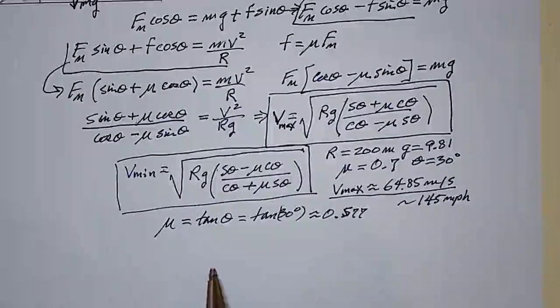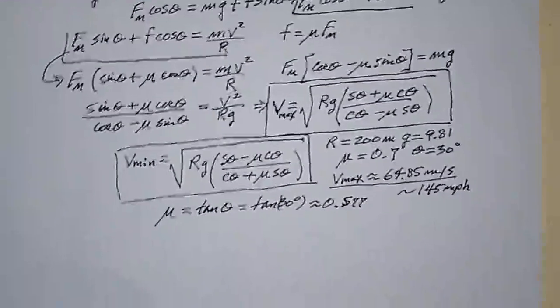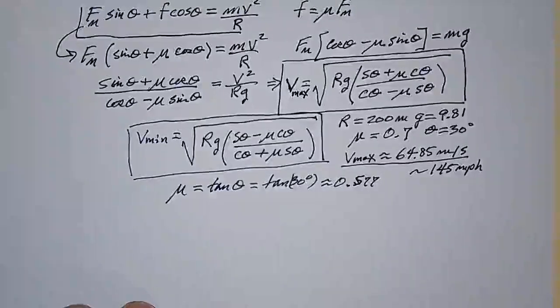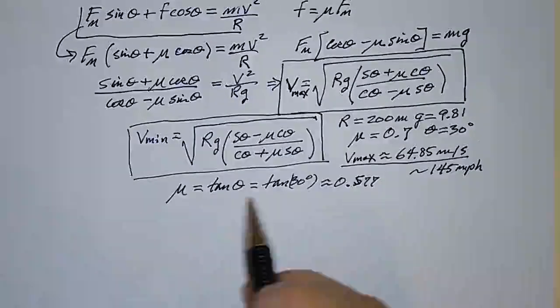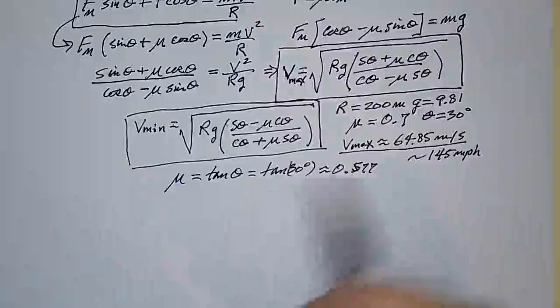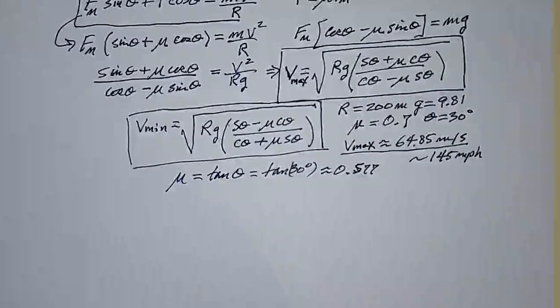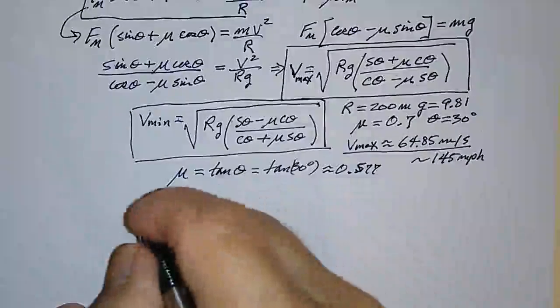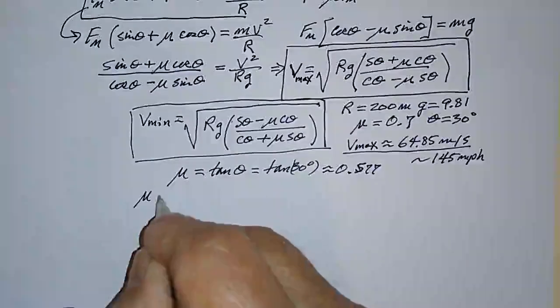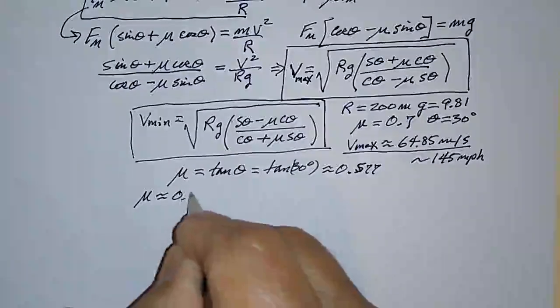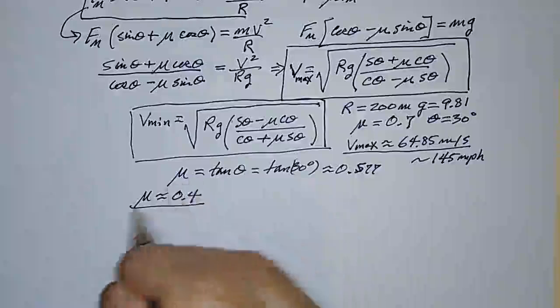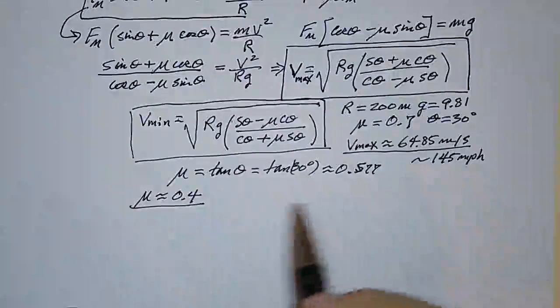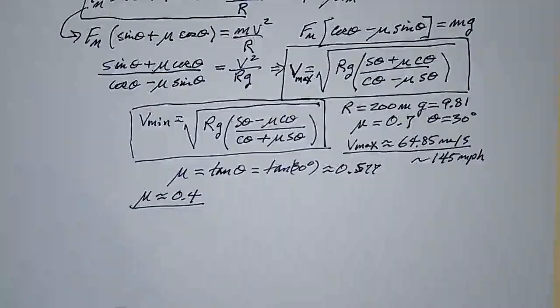So if you want to work out this problem for a smaller coefficient of friction, then you can get a different answer. Let's say, for example, it's a wet road, then mu is about equal to 0.4. You can look up these numbers for tires on a wet road. It's about 0.4.